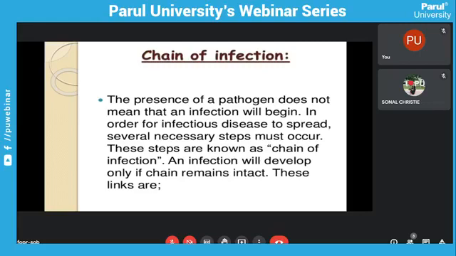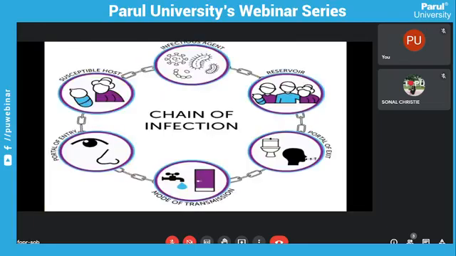Okay. First in the chain of infection is the infectious agent. Infectious agent is also known as causative agent. जो infectious agent होता है उसे causative agent भी कहते हैं. और the microorganisms, bacteria, virus और fungi. Okay, what is infectious agent?